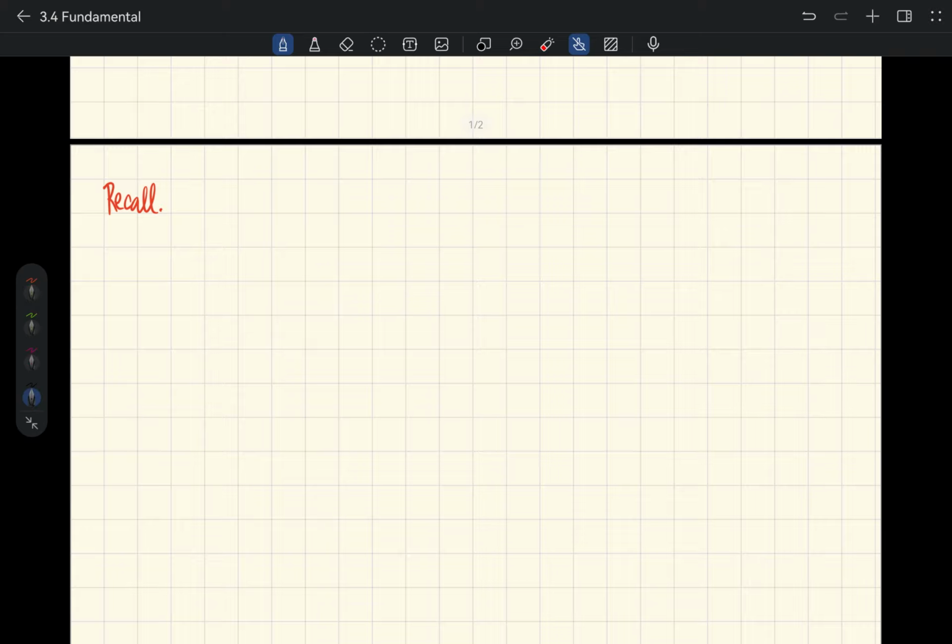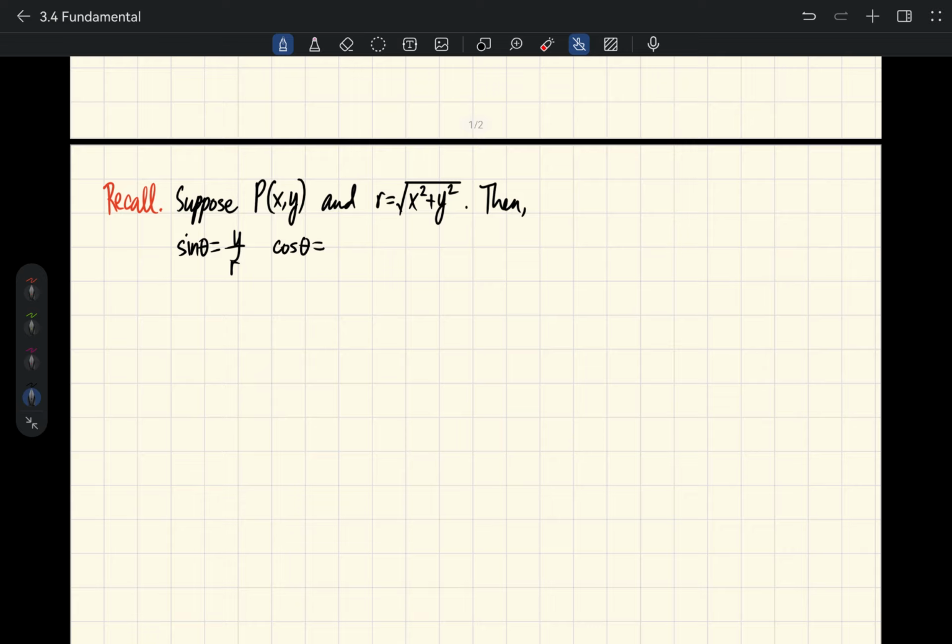suppose you have the point (x, y), and you have r being the distance between the point (x, y) and the origin, which is this one right here. Then we have the following trigonometric functions. First one is sine theta equal to y over r. You have cosine theta equal to x over r.